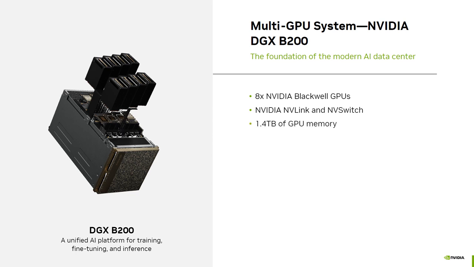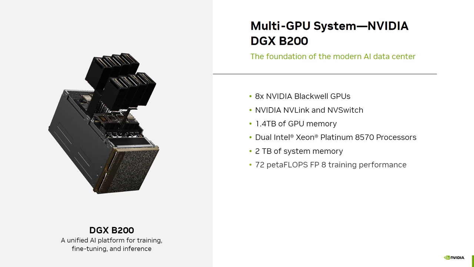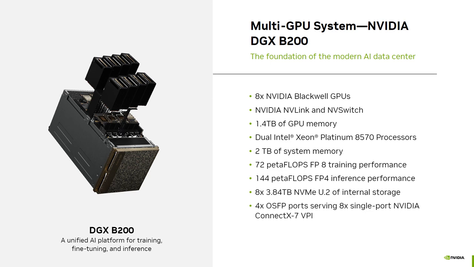With a massive 1.4 terabytes of GPU memory, dual Intel Xeon Platinum 8570 processors, 2 terabytes of system memory, 72 petaflops FP8 training performance, and 144 petaflops FP4 inference performance, the DGX B200 is well suited to handle any enterprise AI workload.